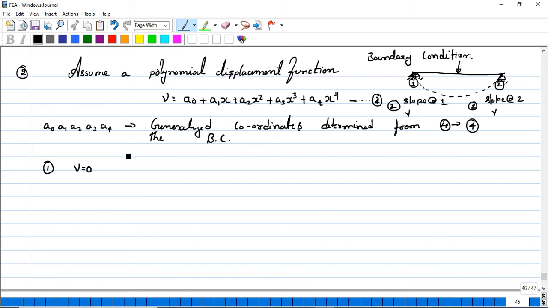How to represent the slope? As I said, we are considering the ratio of this edge to this, that is represented by the partial derivative of V with respect to X, which will be 0. And what is the other term? Let me draw here clearly.